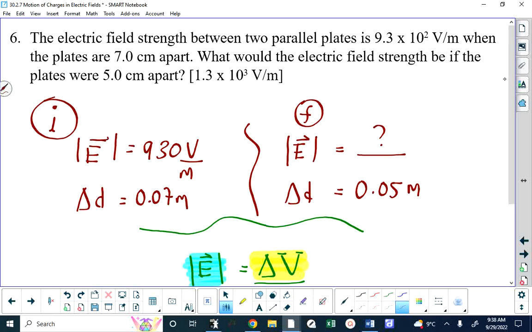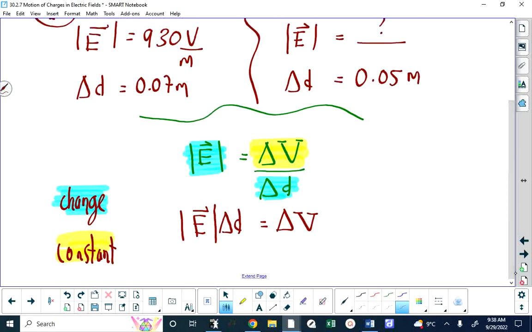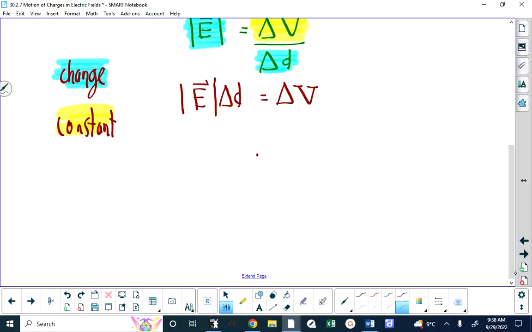All it says is we change the distance. So if it doesn't mention the voltage, we don't assume it changes. The key idea here is that if this is constant, which it is, it doesn't change, this must be constant because it's equal to the voltage.